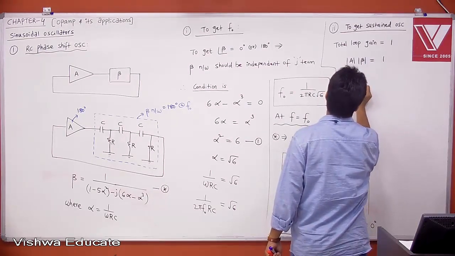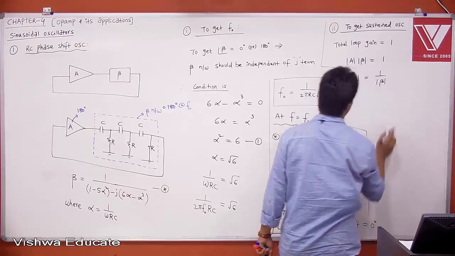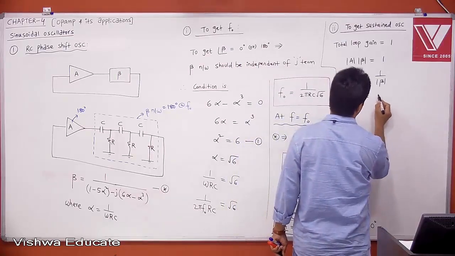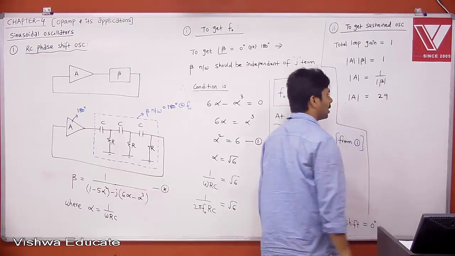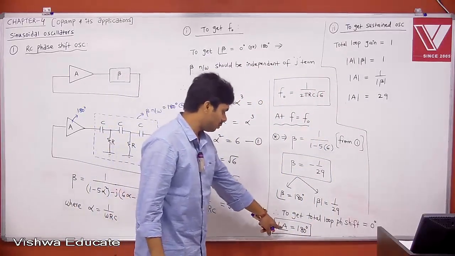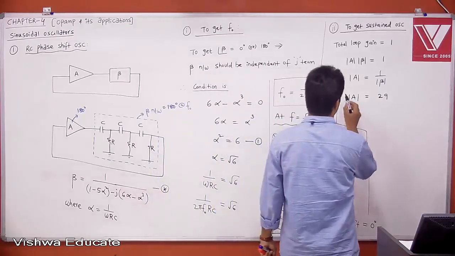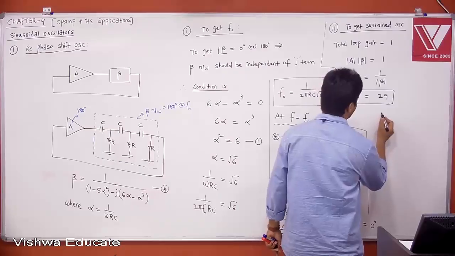And what should be mod A? Mod A should be equal to 1 by mod beta. What is mod beta? 1 by 29. Therefore, mod A should be equal to 29.